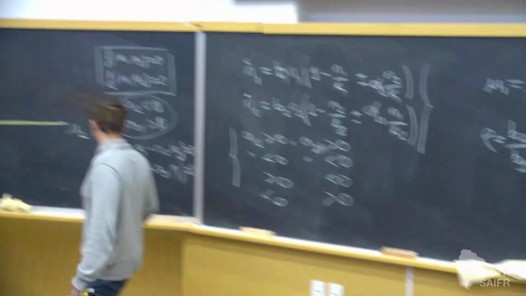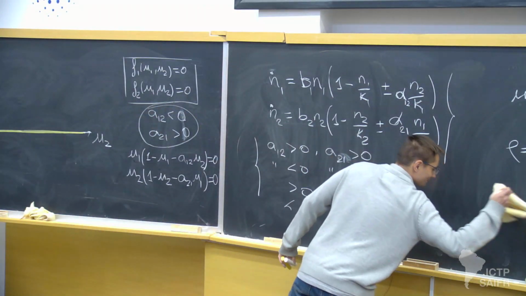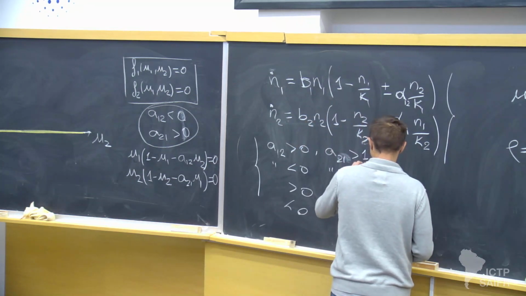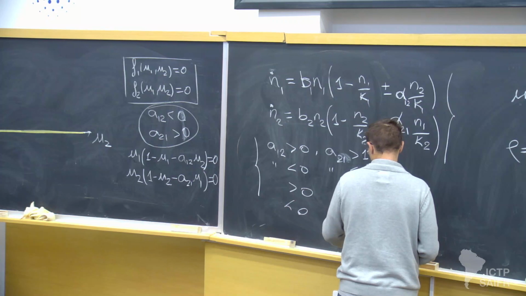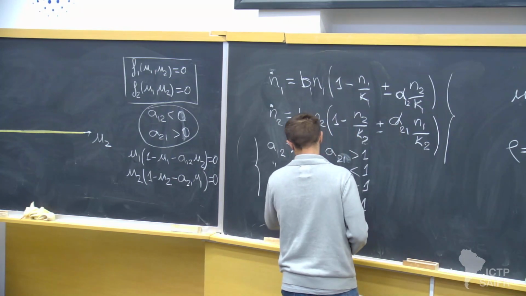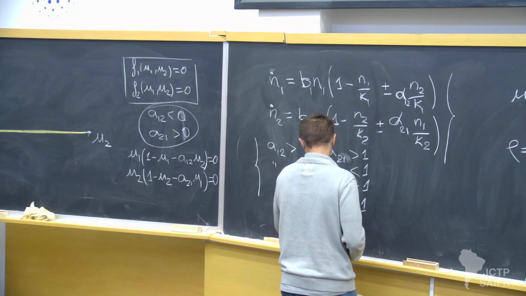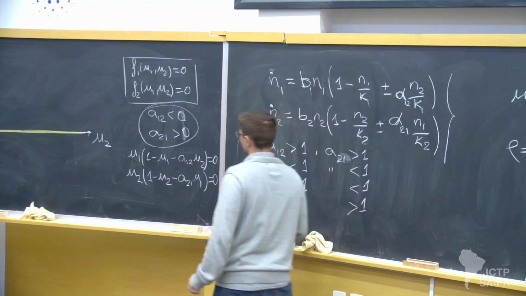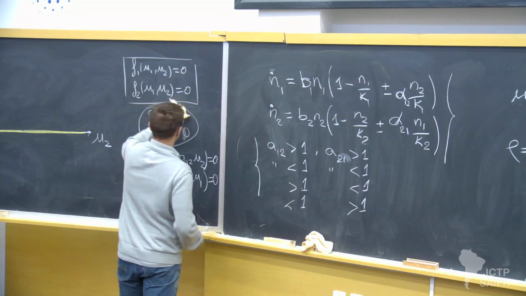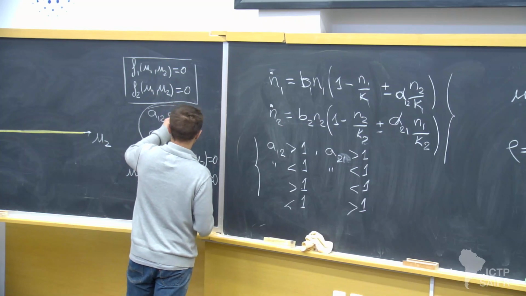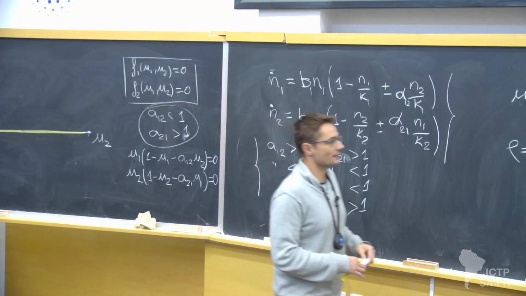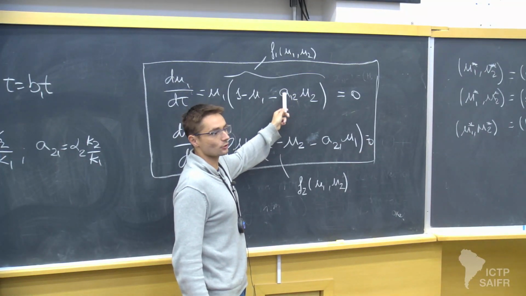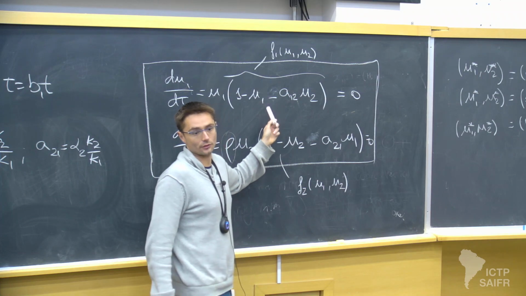No, it's 1, sorry. It's 1 because the idea is the coefficient that goes with the other species has to be greater or smaller than the coefficient that goes with its own species.